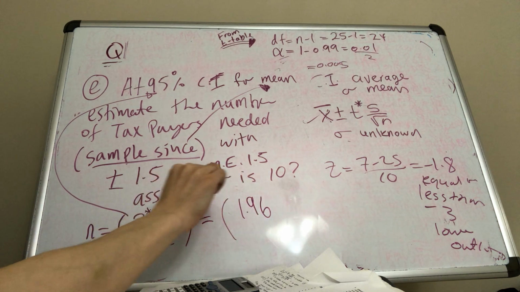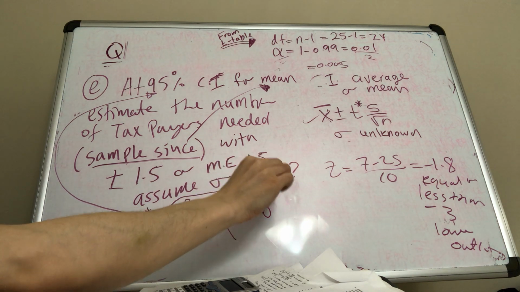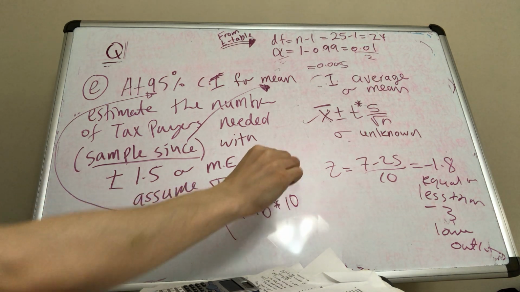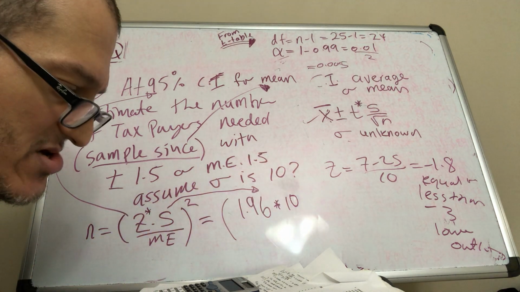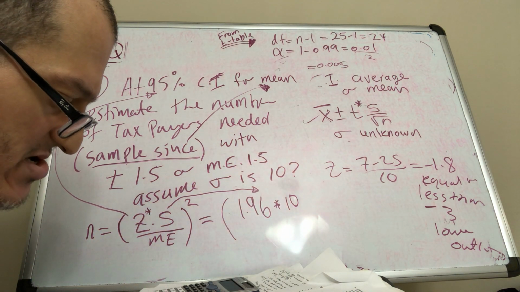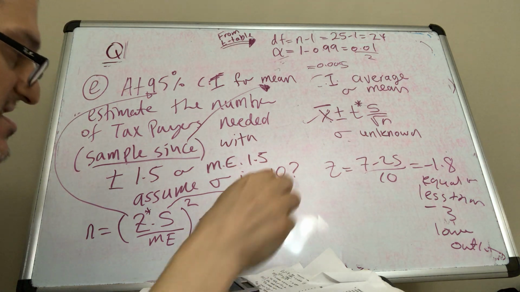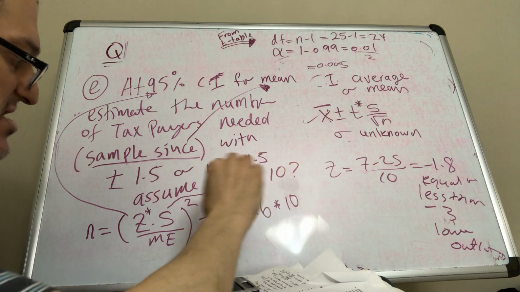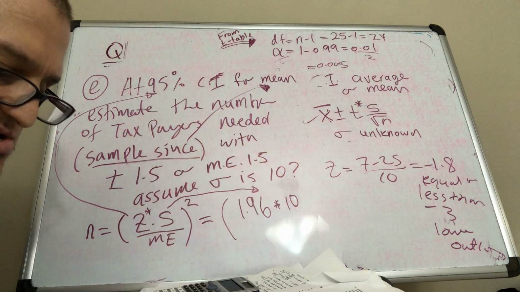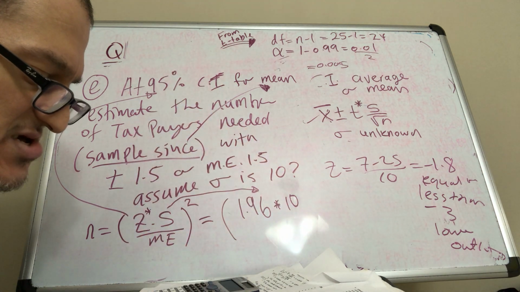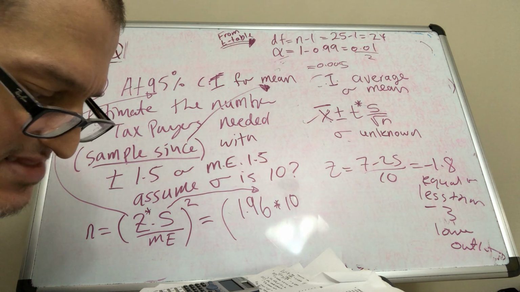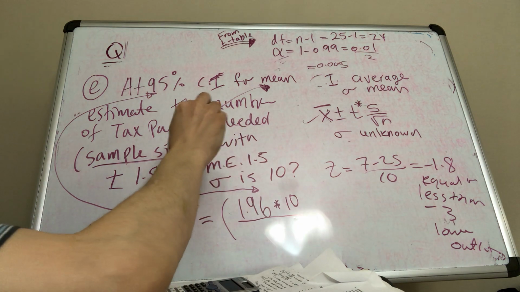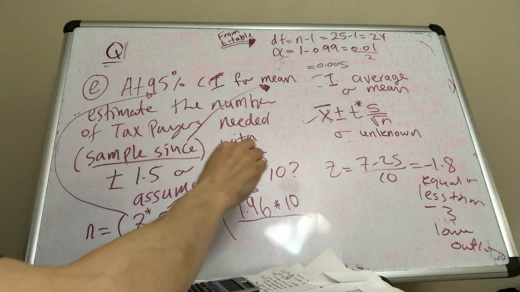Here, if you have sigma, use it. If you don't, use the S you calculated earlier. Remember, we calculated S to be 13.869. So if sigma is given, we use it. If not, use the calculated standard deviation, the one we did. The margin of error is whatever comes after the plus minus.